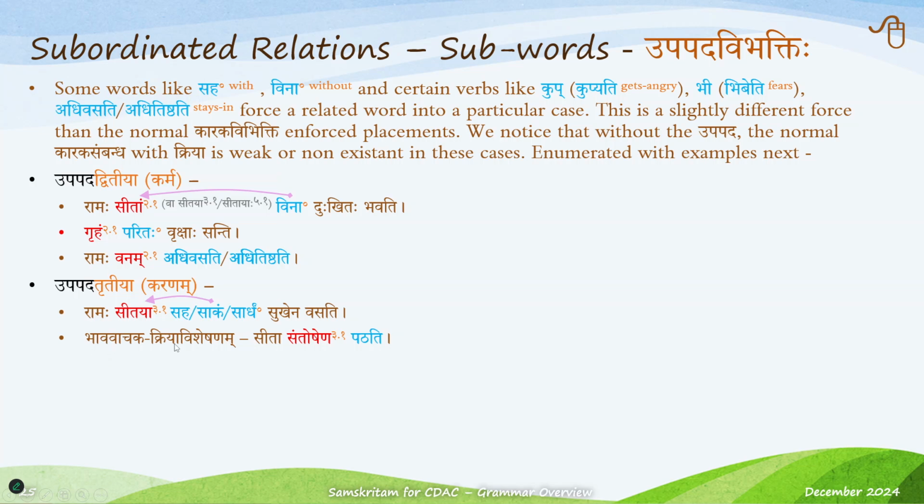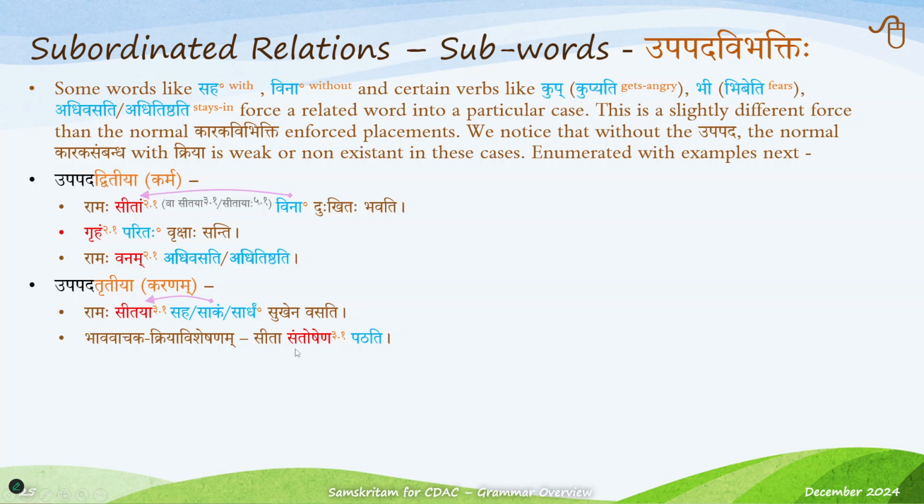Okay. Bhavavachaka kriya visheshanam. Sita santoshena pathati. Okay. So Sita pathati, Sita reads. Now we want to bring a quality to the patana kriya. So happiness is the quality of the patana. So santoshena pathati, with happiness she reads, like that. Okay.